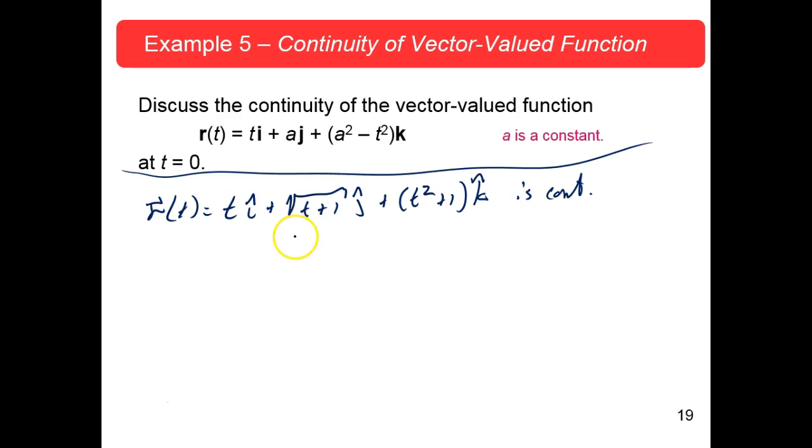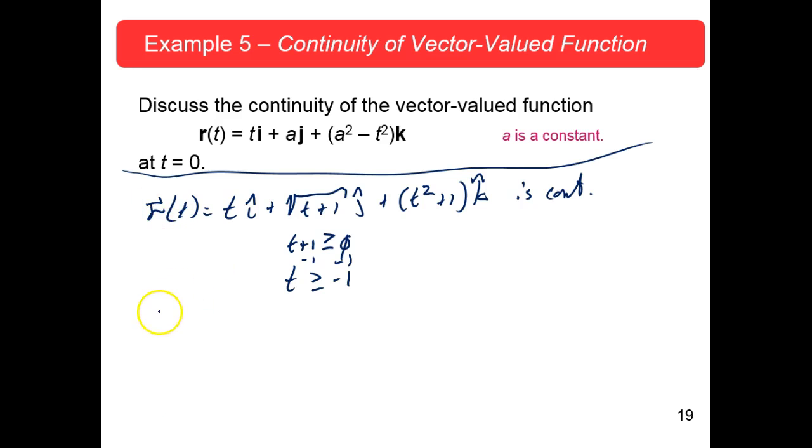So how do we say that? t plus 1 is greater than or equal to 0. If you subtract 1 from both sides, t is greater than or equal to minus 1. That's all you have to say. That's it.